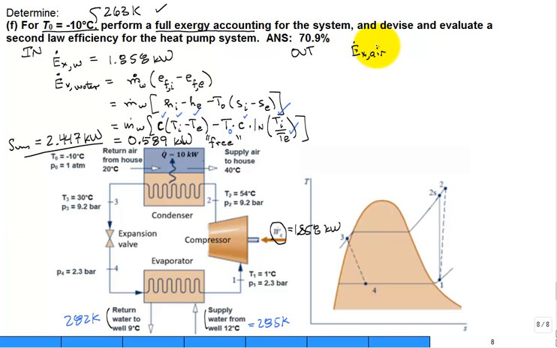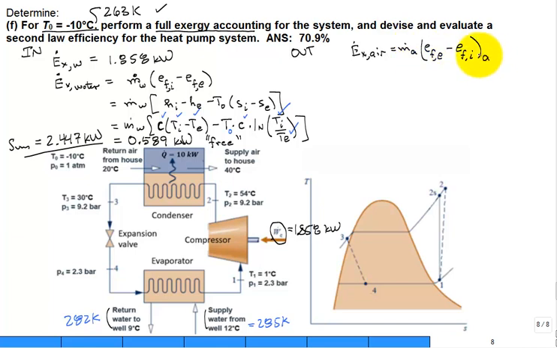The way you calculate it is just like the way you calculated for the water. You have the mass flow rate of the air times the change in the flow exergies. It's exiting at higher flow exergy than it came in for the air.